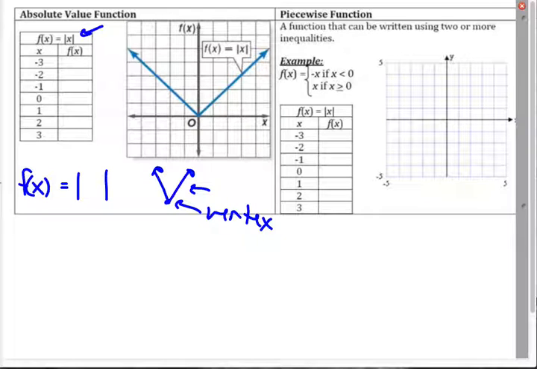And I guess the best thing to do when you see absolute value is to set up a table just like they have here. An XY table or X f of x table, whatever you want to call it, f of x or y, and graph some points and find this vertex, the bottom of it, this V. If I plug in -3 here first, which they give us, -3, they go -3 all the way to +3.